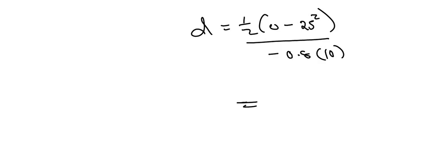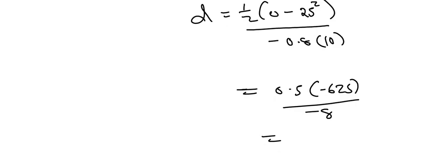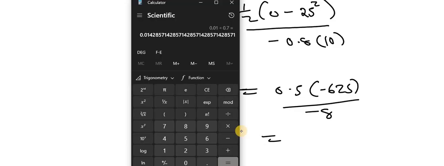This should give us 0.5 multiplying negative 625, and down we just have negative 8. So 25 by 25 is 625, then by 0.5 that's going to be 312, then divided by 8.